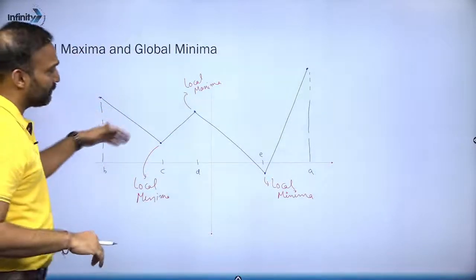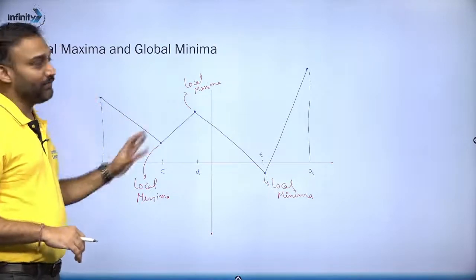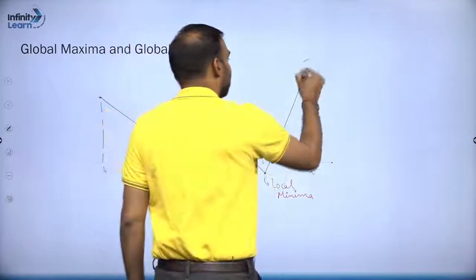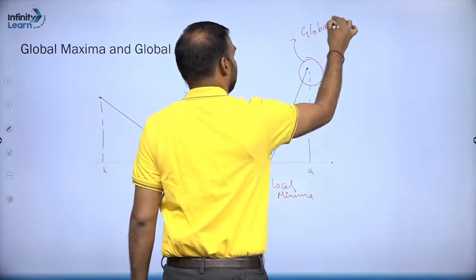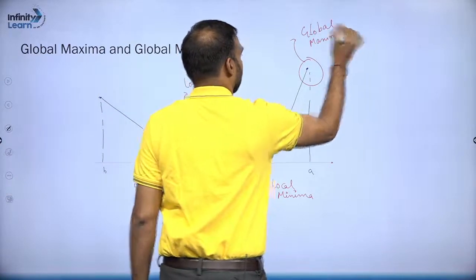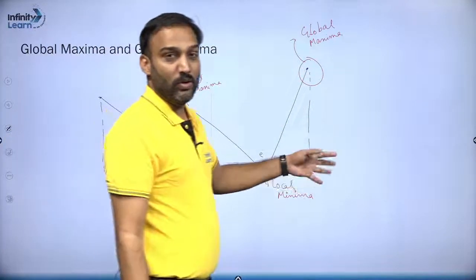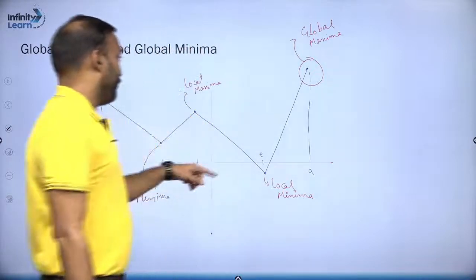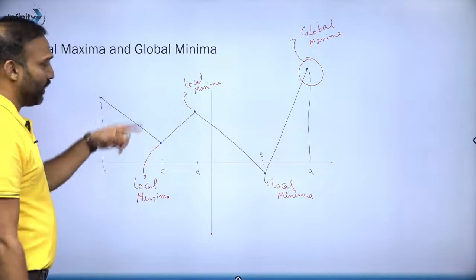Now if you observe this particular graph, the greatest value that this function will have is occurring at point A. This is your global maxima. Whereas at A, I don't have a local maxima or local minima because there is no neighborhood. Now, if you talk about the global minima, where do we see the smallest value?